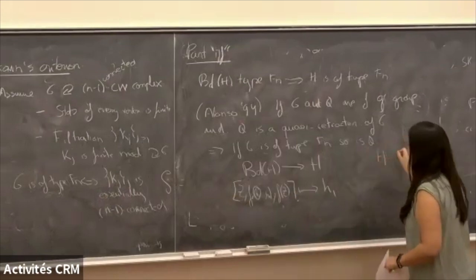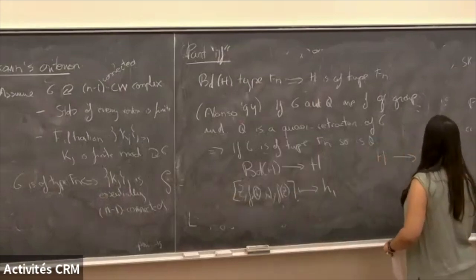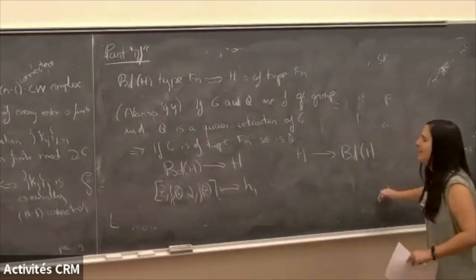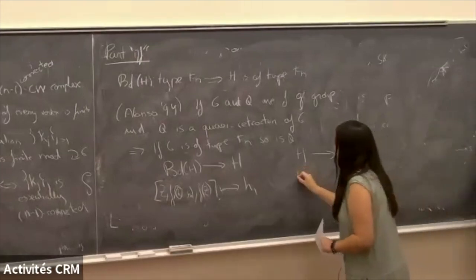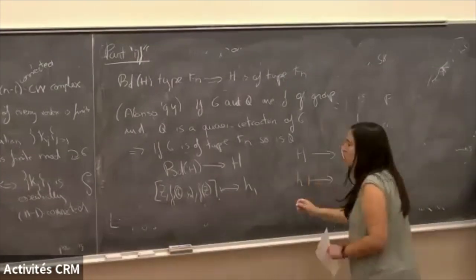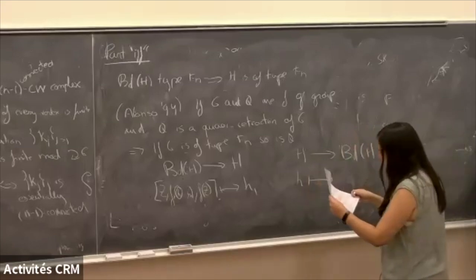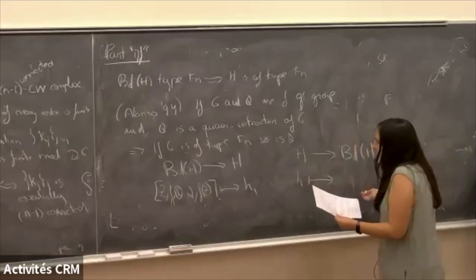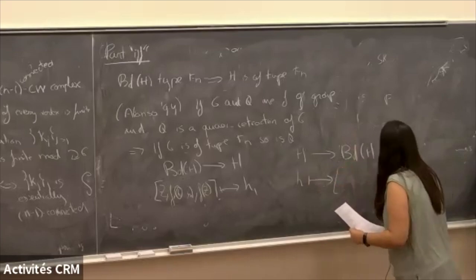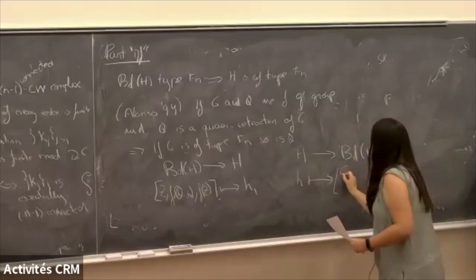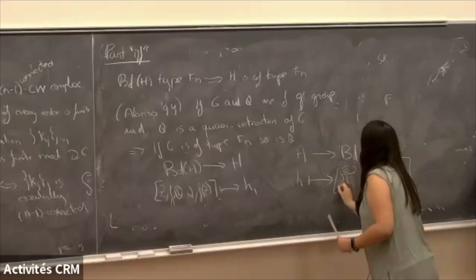Okay. And for the other, you take H and you send it to the most obvious thing that you can do. Your set is just your first pair of pants.